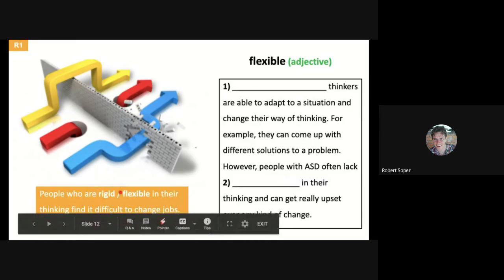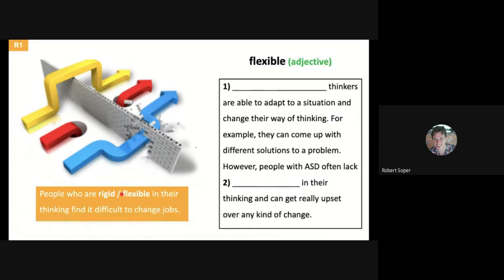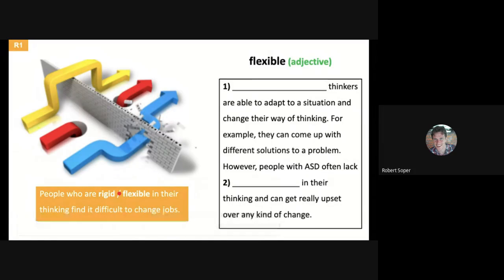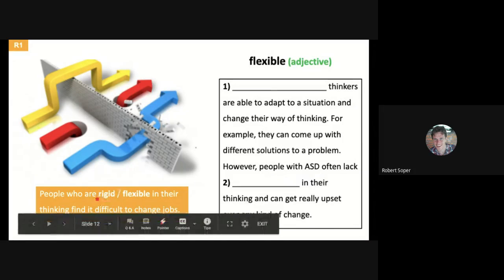Choose the correct word to make a sentence that makes sense. Yeah, the correct answer here was rigid.